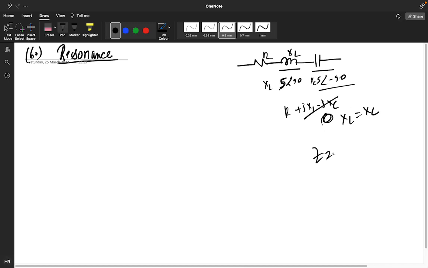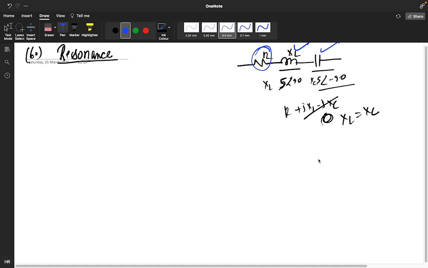So you are getting a pure resistor, although the inductor and capacitor are present there. The two are balancing and cancelling each other at a particular frequency. This is known as resonance.